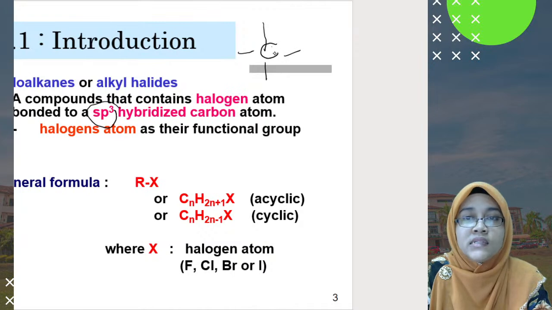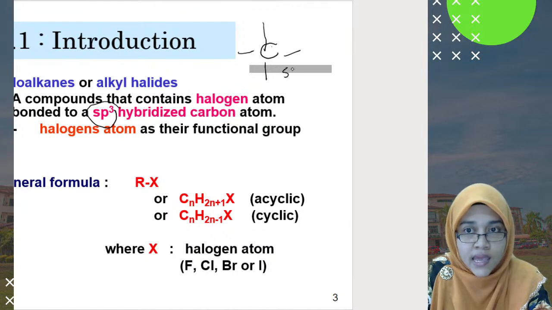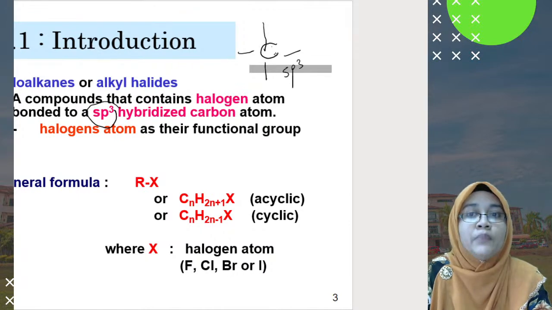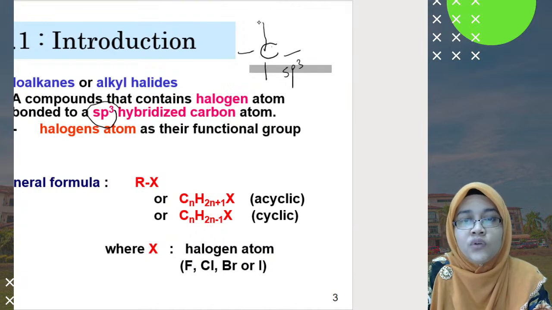Okay, when this carbon has 4 single bonds, this carbon is known as sp3 hybridized carbon. So when this sp3 hybridized carbon is directly bonded with any halogen.